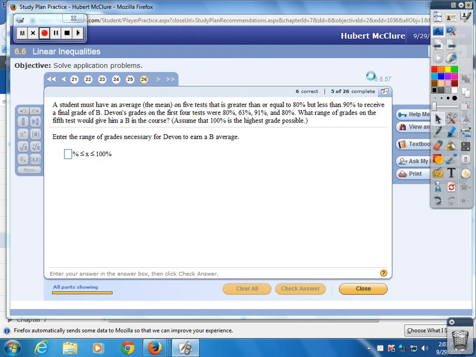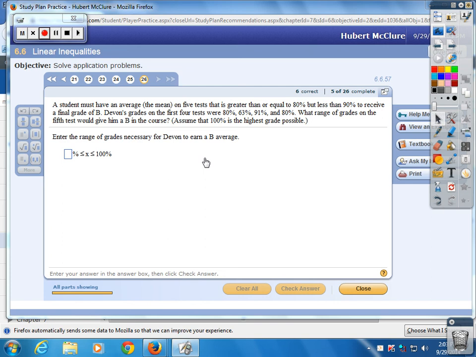It says a student must have an average, the mean, on 5 tests that is greater than or equal to 80 and less than 90.